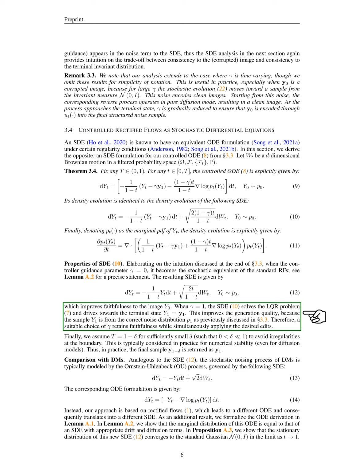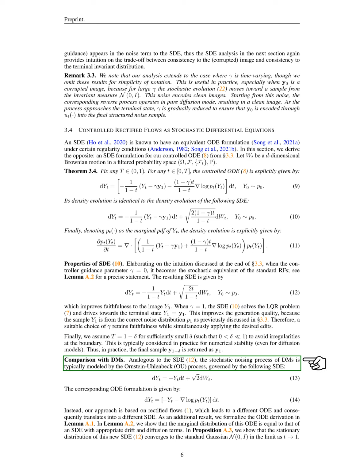If we set the parameter to 1, the SDE addresses the linear quadratic regulator, LQR, problem, guiding us toward a specific terminal state, which improves the quality of the generated samples. We choose a time close to 1 to maintain numerical stability and avoid boundary issues, resulting in our final sample being effectively the same as the desired output.